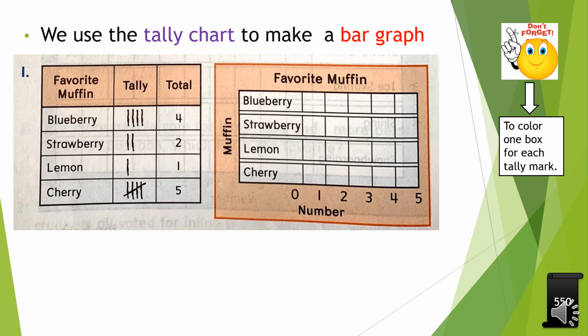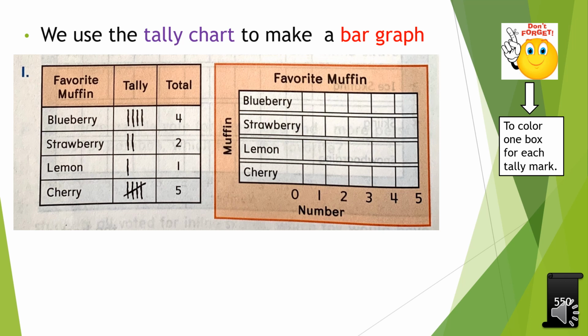Now, we need to use the data given in this tally chart to make our bar graph about favorite muffin. Don't forget to color one box for each tally mark. This is how we will do our bar graph. We will color one box for each tally mark. Let's start. The first one, blueberry, 4 tally marks.